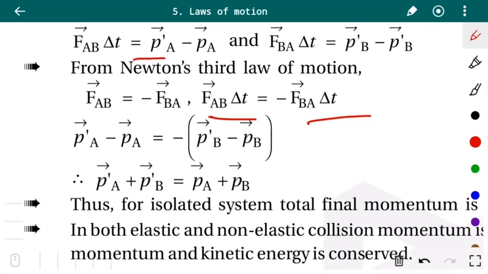Using this in the previous equations, we get PA dash minus PA equals minus (PB dash minus PB). Rearranging this, we get PA dash plus PB dash equals PA plus PB.